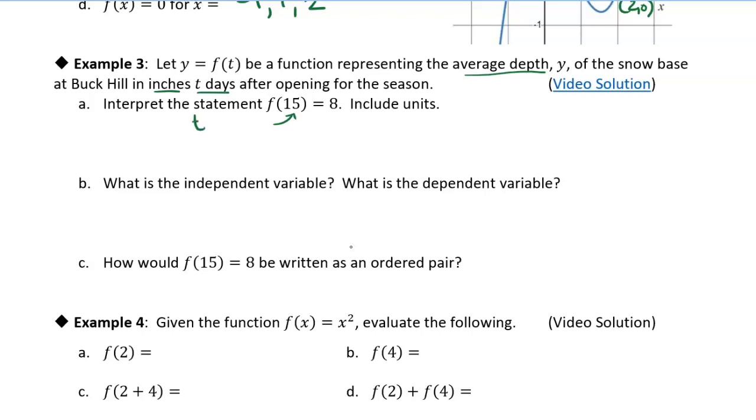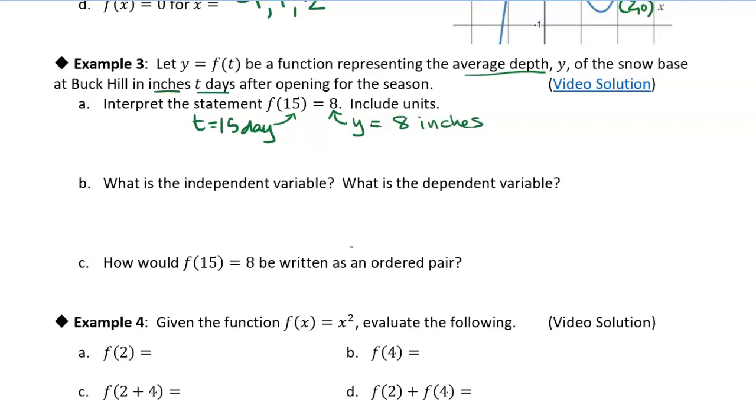So this is saying t is equal to 15 days, right? Because the input is t, the number of days after opening for the season. This 8 is the value of the function, and the value of the function represents the snow depth, right? So this is your y value, and it's saying that this is 8. It's snow depth, and it's in inches, okay?